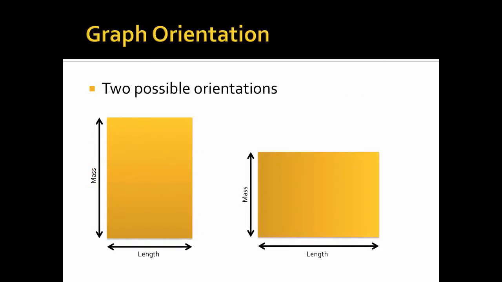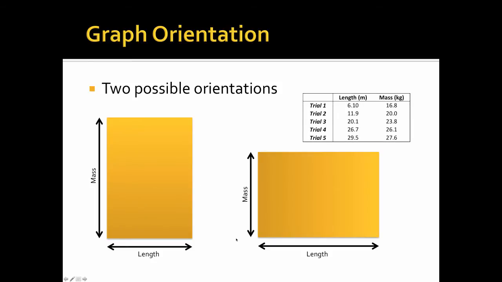So it starts by finding out the orientation. And there's 2 possibilities for us, often called portrait and landscape. However, for us, we've decided that our mass is going to be our y-axis and length our x. So we've got this as our 2 options. So let's look at our data. If we look at our data, we can see that our length ranges from 6 to 29. That's a difference of about, let's say 25, just to get an idea.